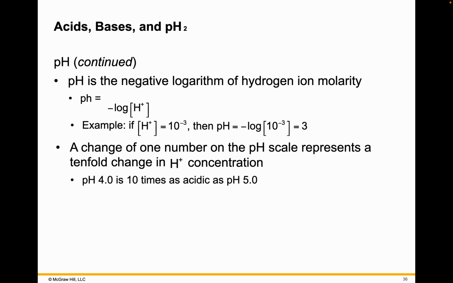Higher numbers give you more basic solutions. And because it's a logarithmic scale, a change of 1 point on the pH scale represents a 10-fold change in hydrogen ion concentration. So a pH of 4 is 10 times more acidic than a pH of 5.